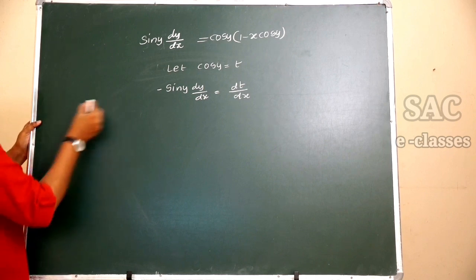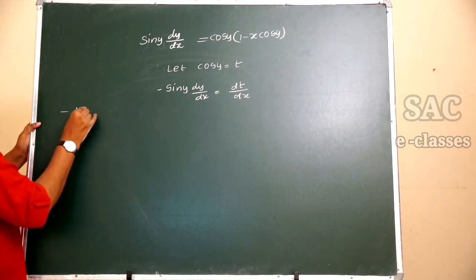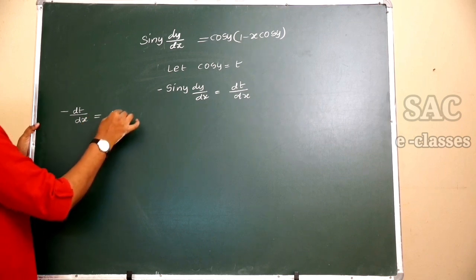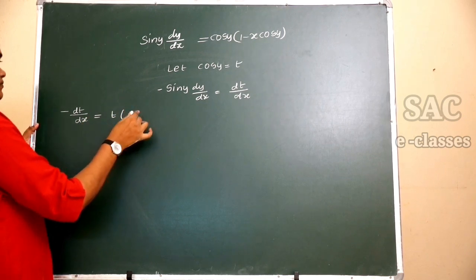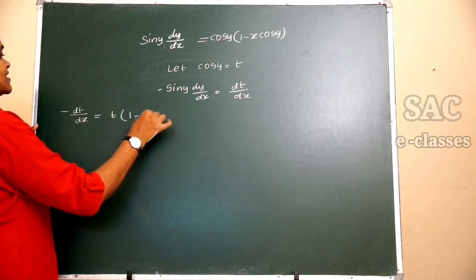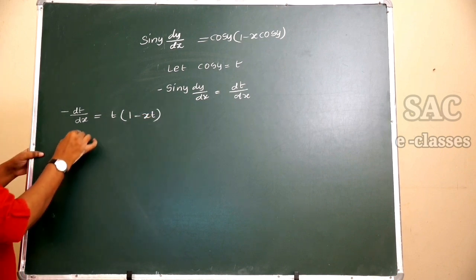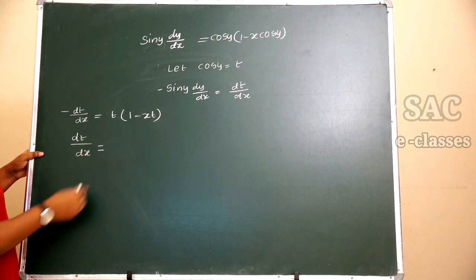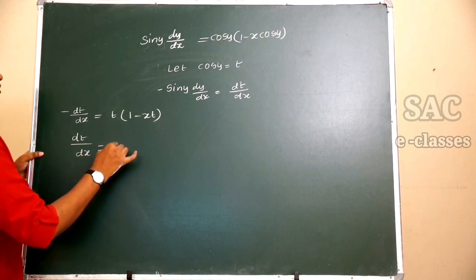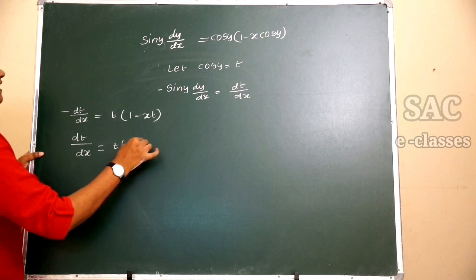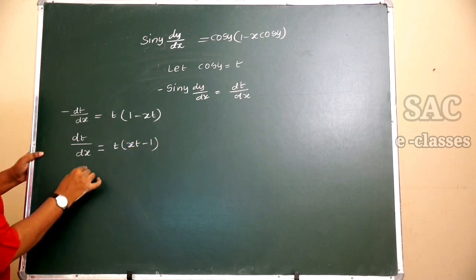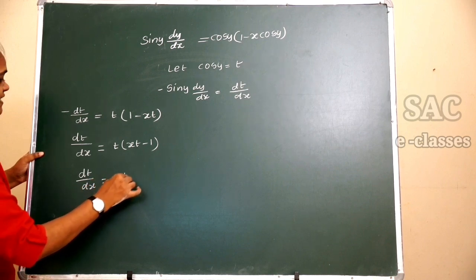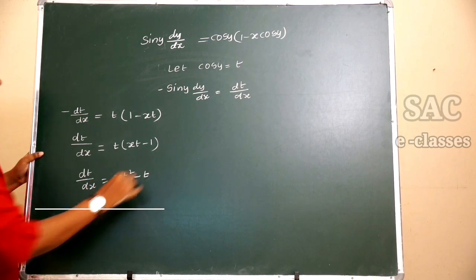So I can write it as minus dt by dx equal to t into 1 minus x into t. So dt by dx is equal to t into xt minus 1. dt by dx is equal to x t square minus t.